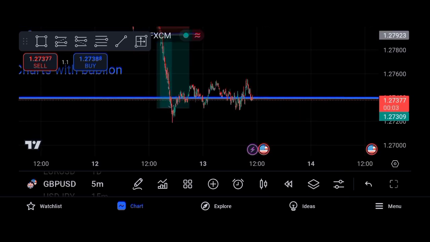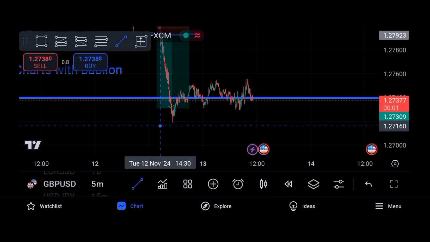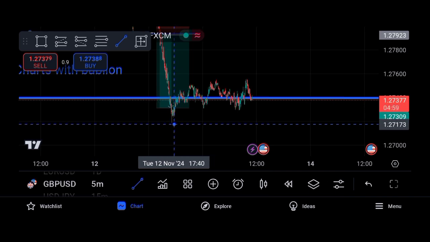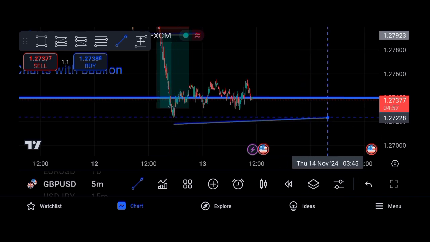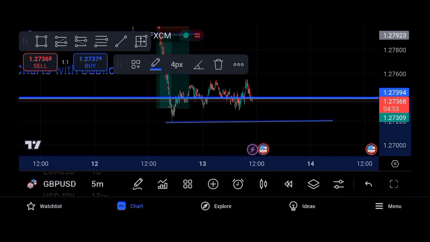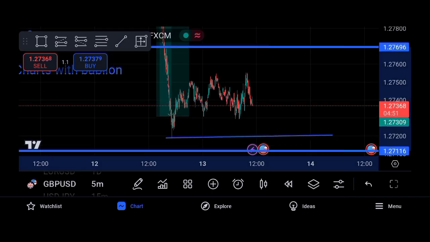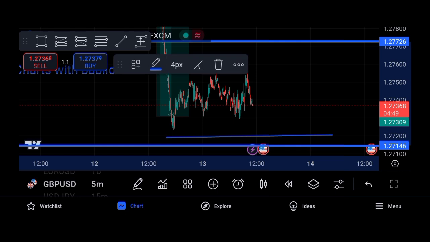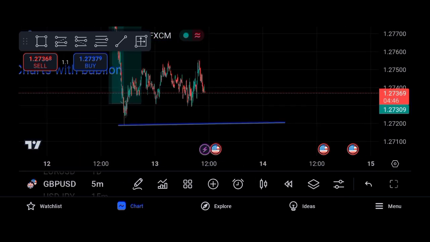The next obvious thing you have to look out for is when the market breaks this low. I guess you guys should know what you should be doing, and that's going to be another trade altogether. Let me delete this stuff right here.